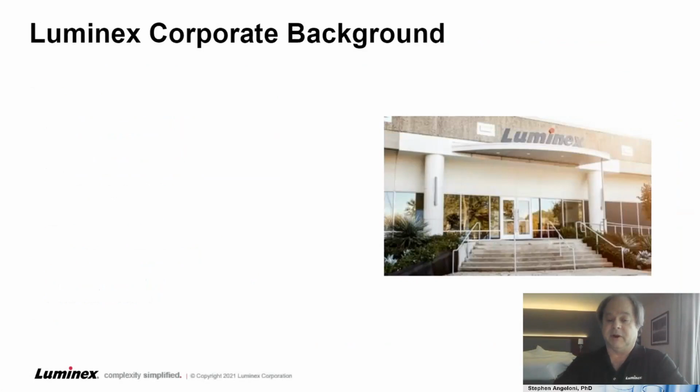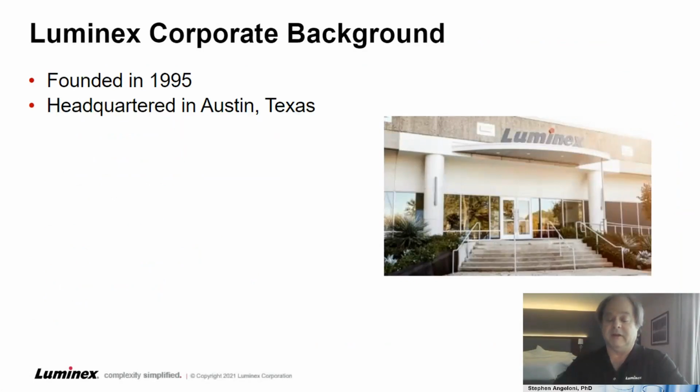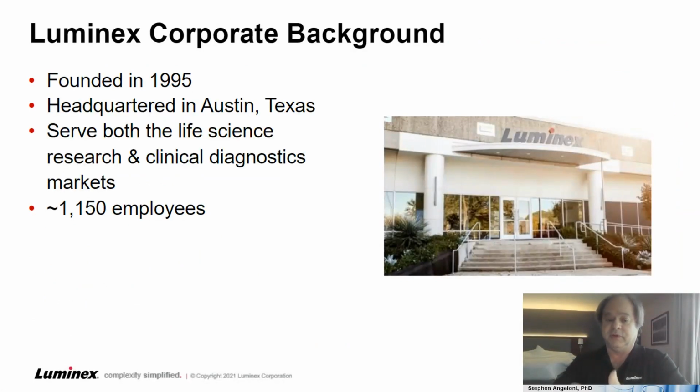While the company started in Austin, Texas in 1995, it's able to grow expansively with servicing these basic research and clinical diagnostic teams or applications, and we've grown to have over 1,150 employees globally.